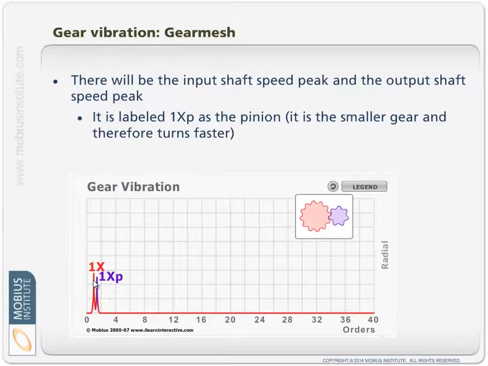The point is there are two sources of vibration. For the sake of this little demonstration, I'm just putting those close to each other because that leaves room for all the other things I'm going to show you. So first we have those two peaks, but that's just normal vibration. Of course, there could be another one of these peaks if there's an intermediate shaft, and if there are two intermediate shafts, then we'll have another two peaks.